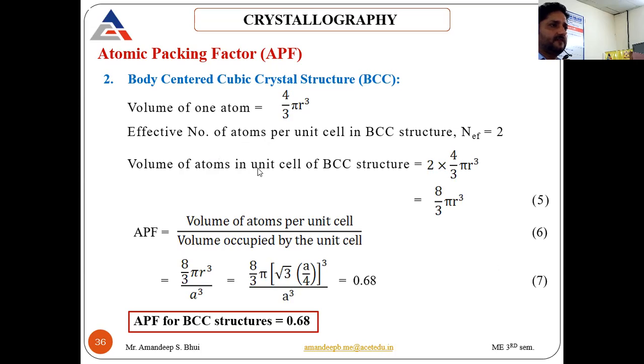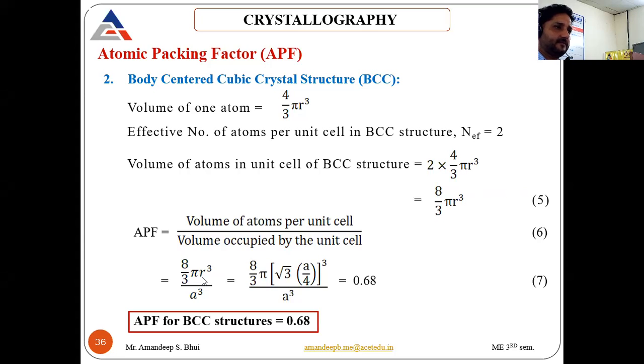So the total volume of the atoms in the BCC structure will be NEF, that is 2, multiplied by the volume of one atom. So it will be 2 into 4 upon 3 pi r cube. It becomes 8 upon 3 pi r cube. So 8 upon 3 pi r cube is the volume of the atoms in the unit cell of a BCC structure.